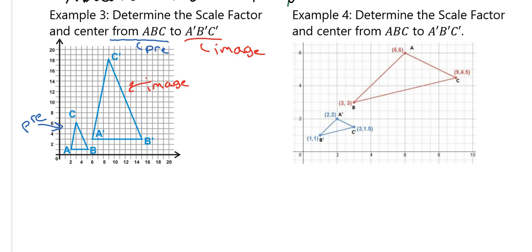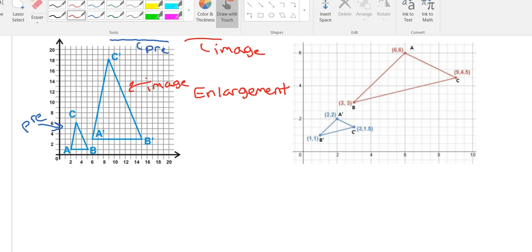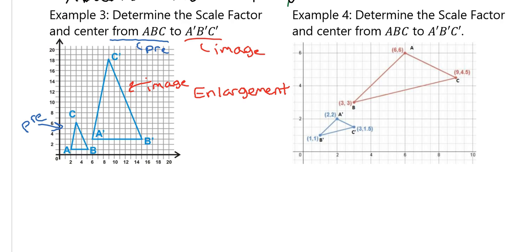It's bigger than my first one. So this is an enlargement. K equals the image divided by the pre-image.